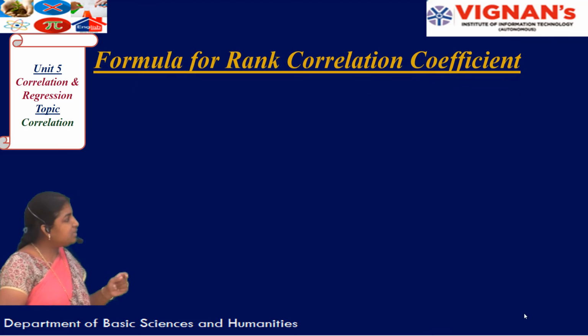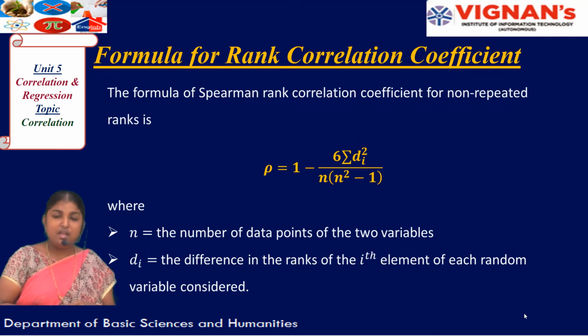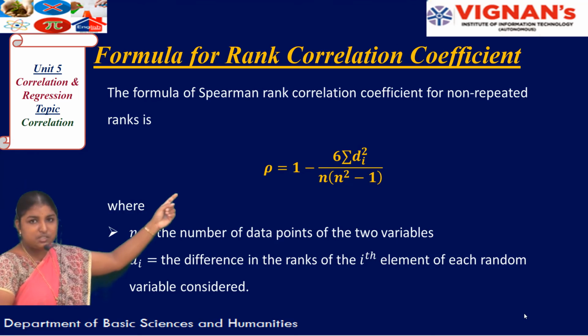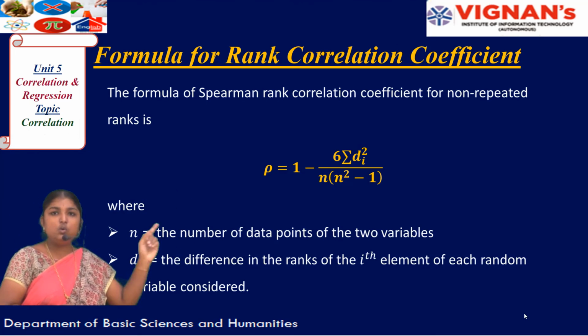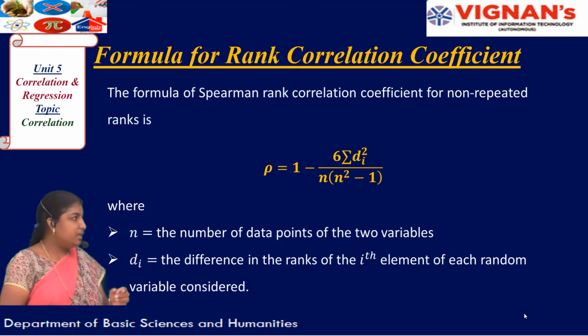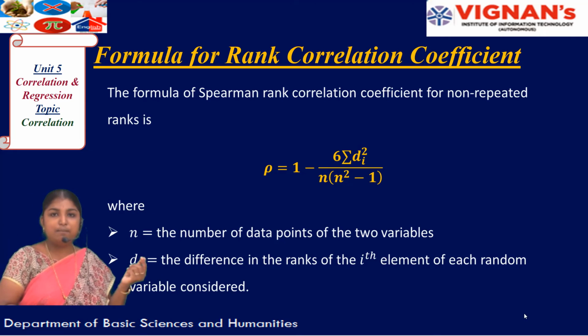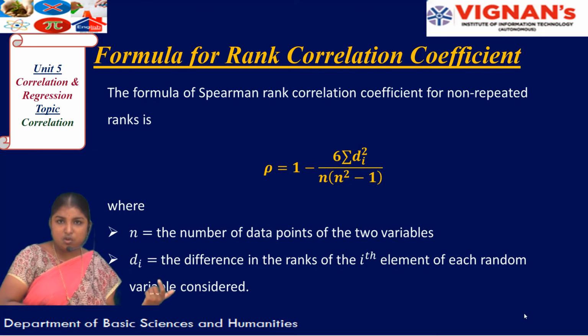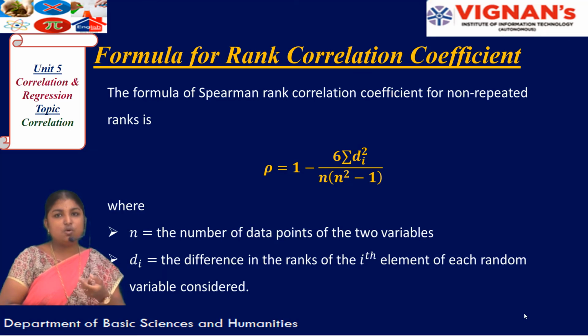Spearman's rank correlation coefficient is defined as rho equal to 1 minus 6 summation di square by n into n square minus 1. Here n is the number of observations and di is the deviation between the ranks of x values and ranks of y values. Here no rank is repeated.